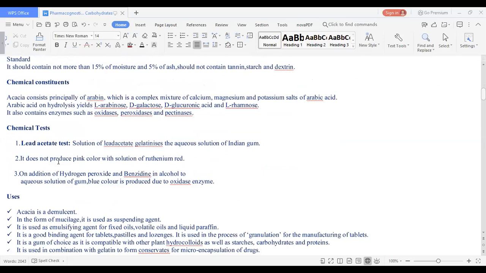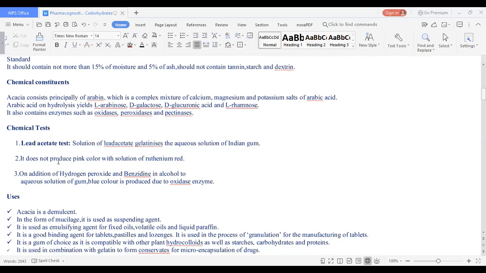The other test is that it does not produce pink color with ruthenium red solution. And the third chemical test is that addition of hydrogen peroxide and benzidine in alcohol to aqueous solution of gum leads to the formation of blue color. It is due to the presence of oxidase enzyme.